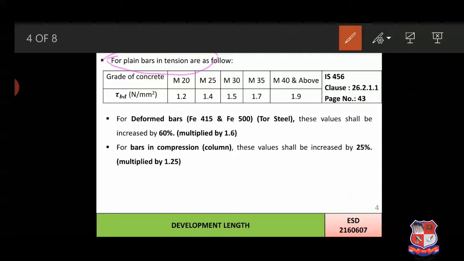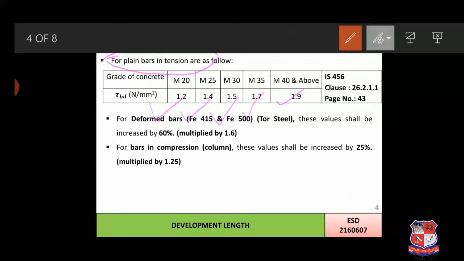It changes as per the grade of concrete. For example, for M20 grade the value is 1.2, M25 1.4, M30 1.5, M35 1.7, and for M40 and above the value of τbd is 1.9. So these values of τbd are for the plain bar and the bars which are in tension.